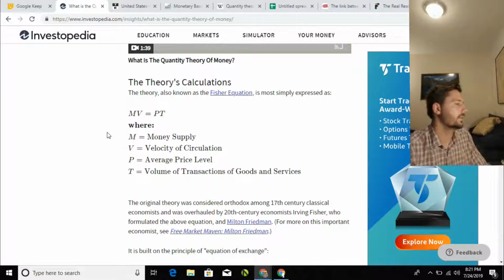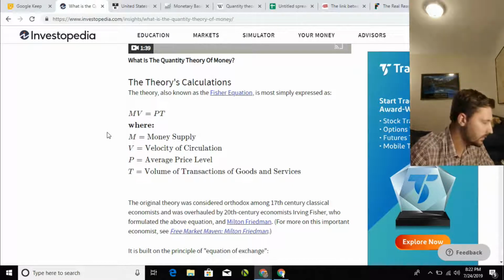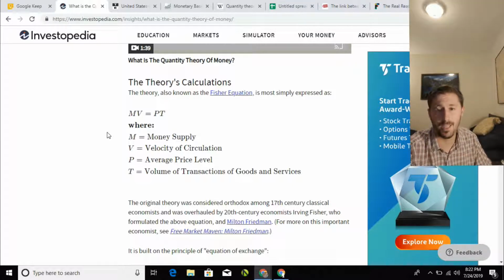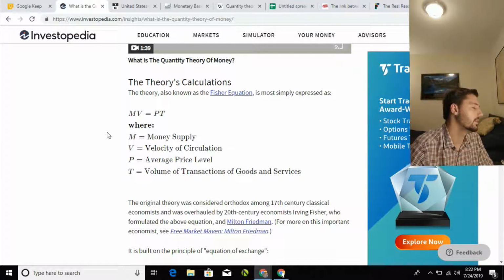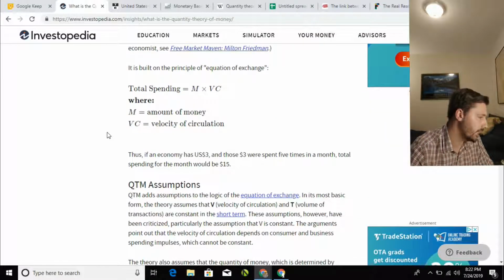So in this situation, if your volume of transactions of goods and services or your output doesn't change, and your velocity of circulation doesn't change, then as your money supply increases, so does your price level. And that's one of the biggest assumptions that you get.